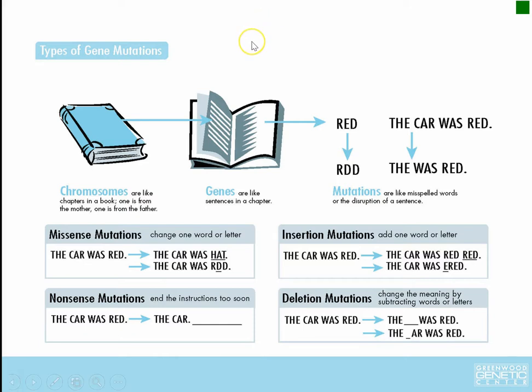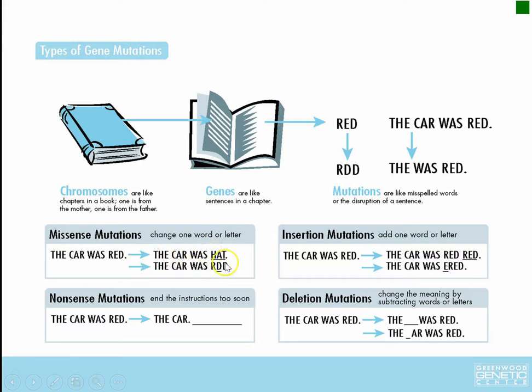If you think about a chromosome like an encyclopedia, or I like to think of it like a recipe book, think of a gene like a page. And when you're reading a recipe or a sentence, if the sentence is supposed to say the car was red, what if we changed, in the sense of a missense mutation, the car was hat, we change a word.